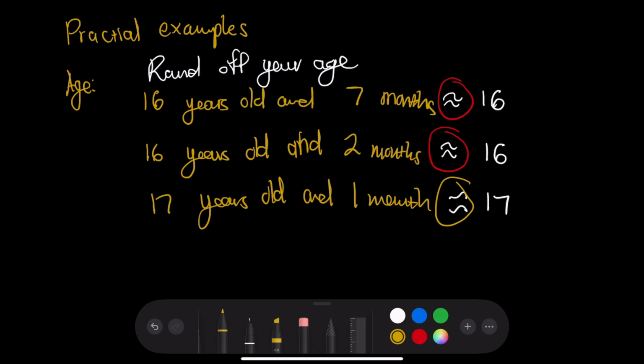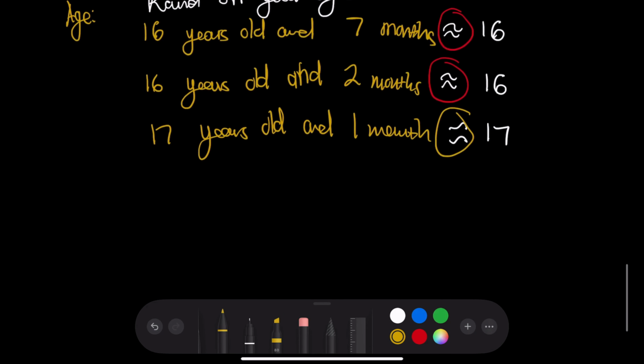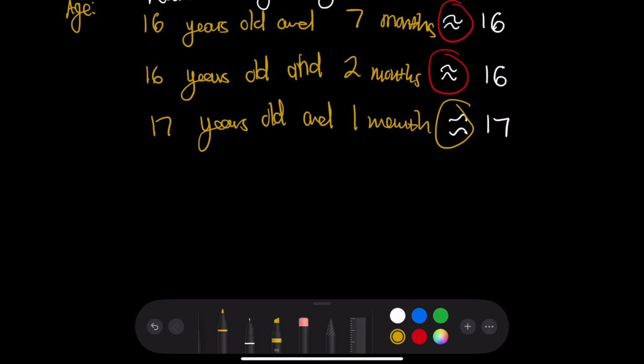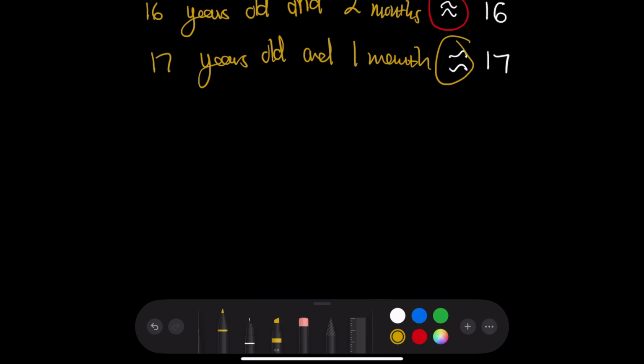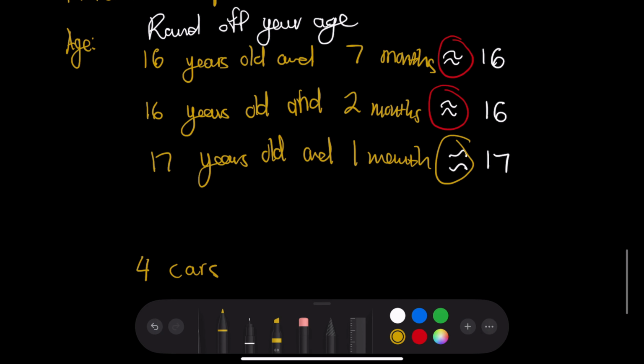So also, when we think about people, say you want to find how many cars. Let's say you have 4 cars. So this was practical example 1. This is practical example 2.